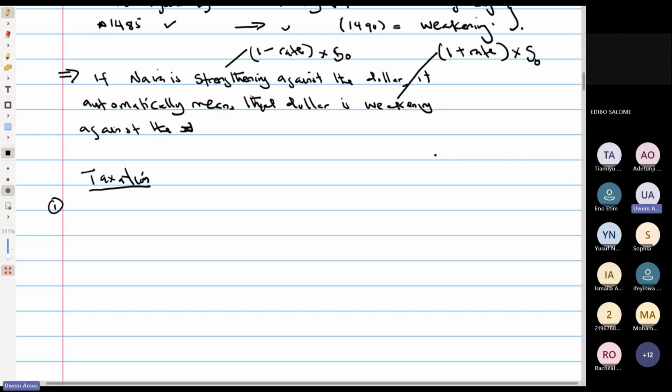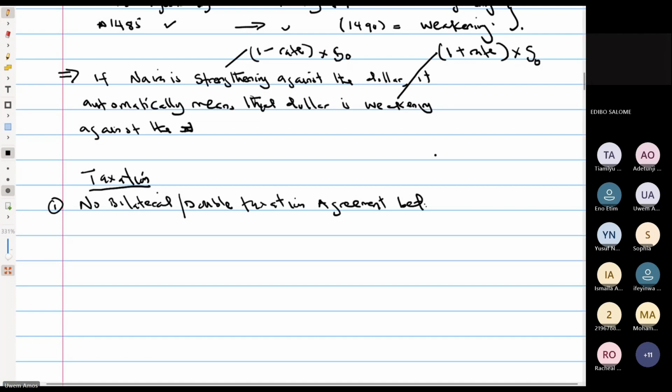A scenario where there is no bilateral or double taxation agreement between the two countries.